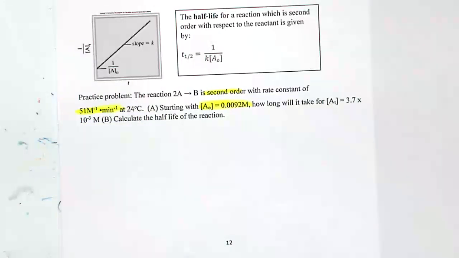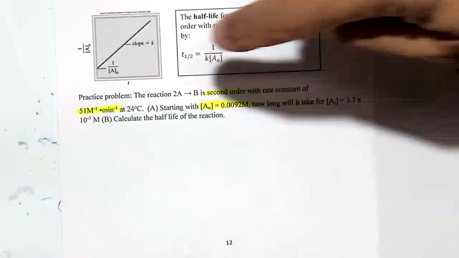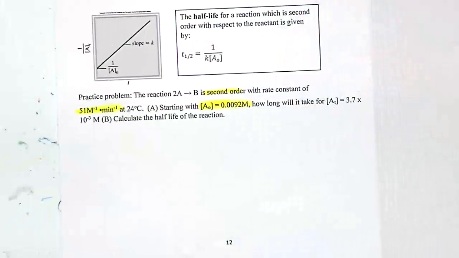In part B, they ask us to calculate the half-life. The half-life is pretty easy, we can use the equation. How long it will take to decay from this concentration to that concentration is also easy.